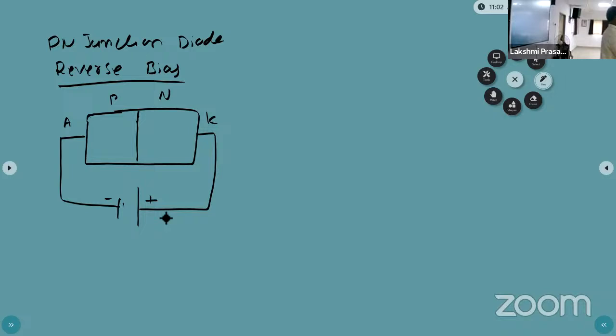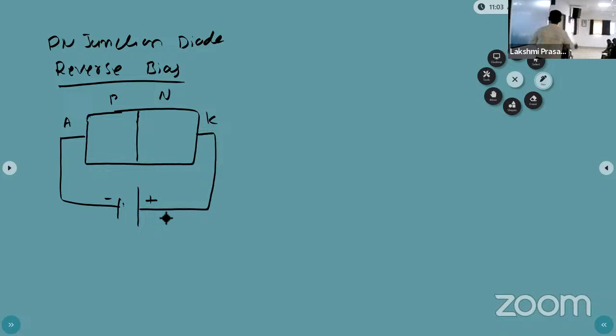Okay, reverse direction. Now this circuit can be connected in two ways. You can change the diode direction, or you can change the battery direction. Any one you can change. If you change both, what will happen? Again, that is forward bias.